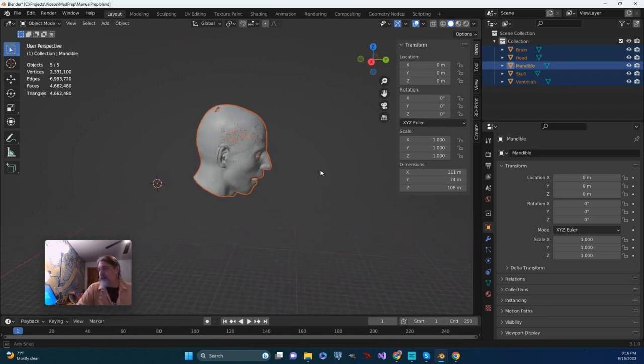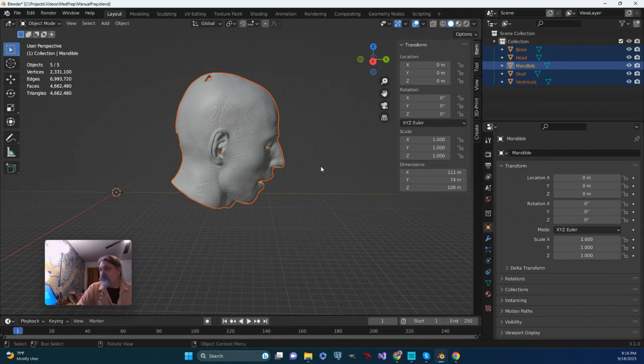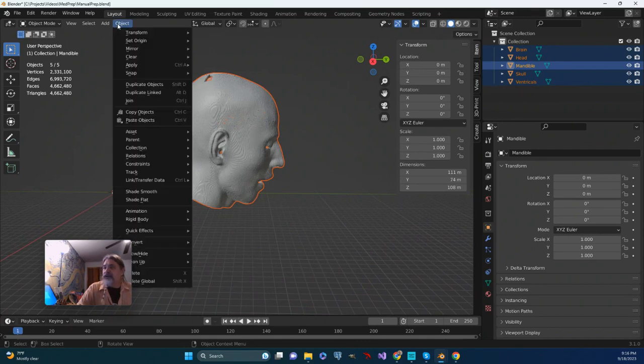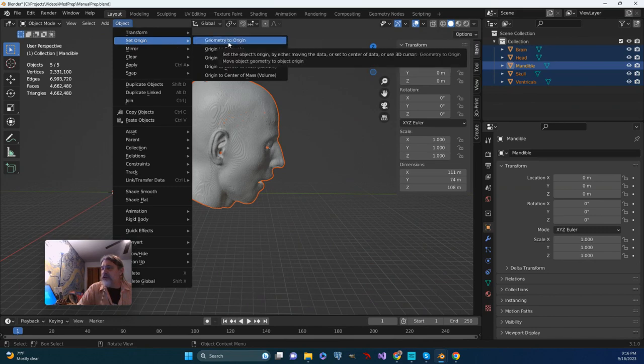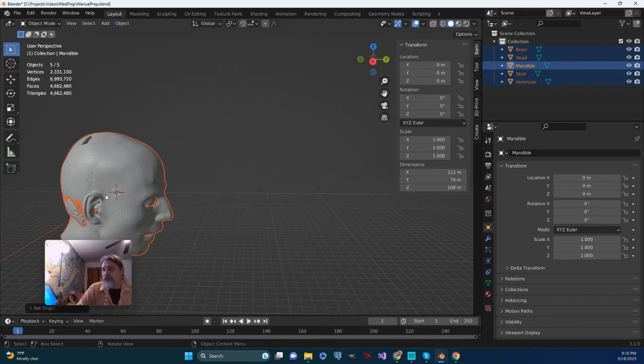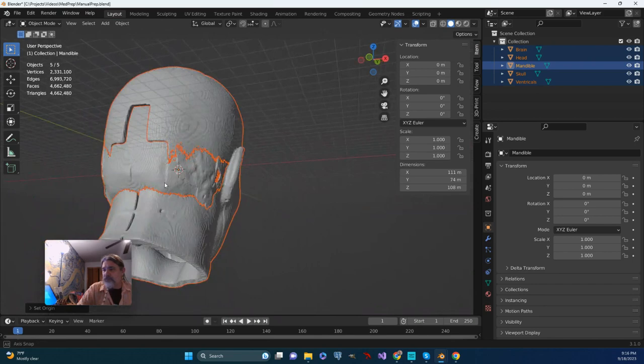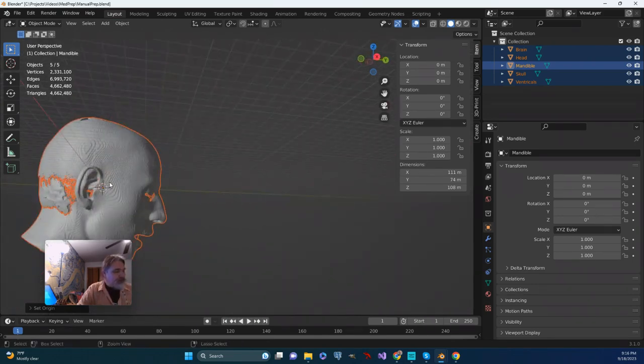The other thing that happens is if I try to do something like set the geometry to the origin, well, now things aren't lined up properly. The brain is coming out of the back of the skull.